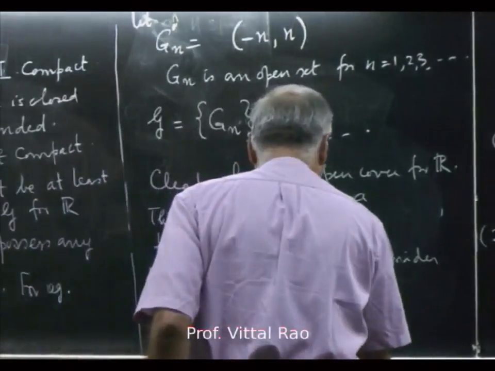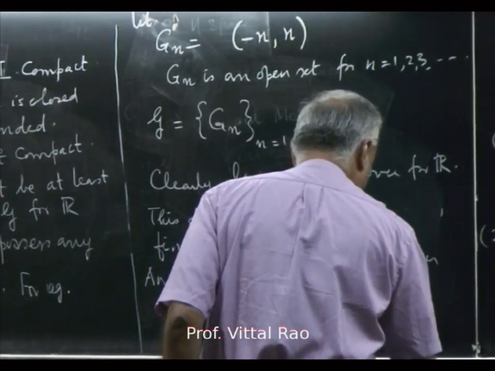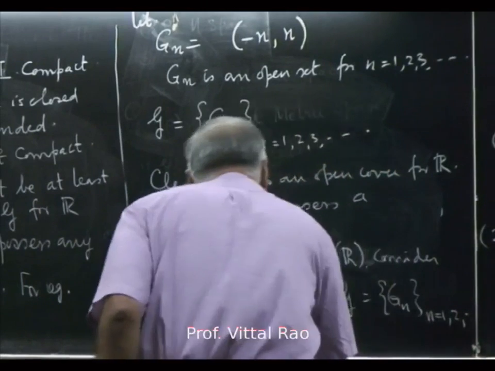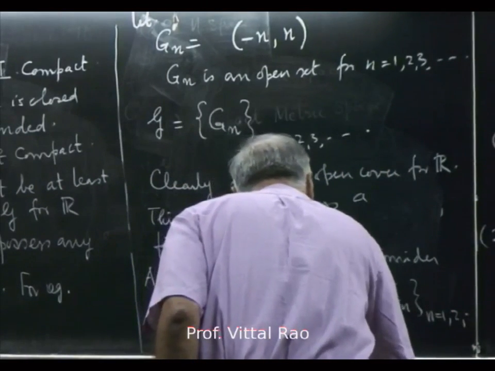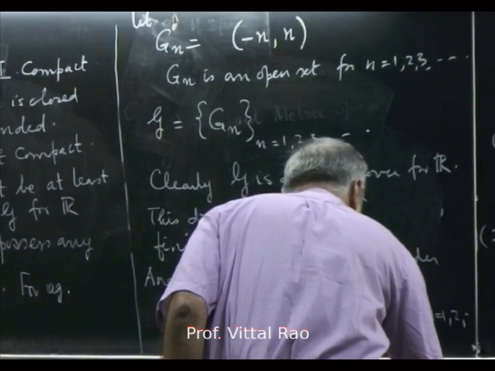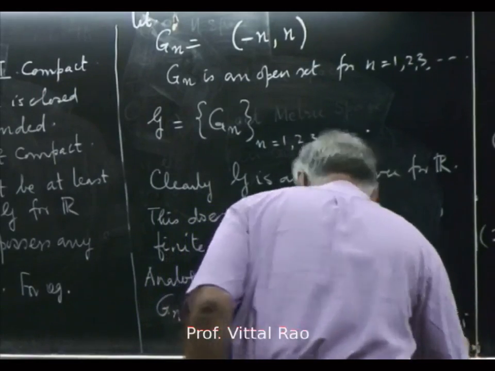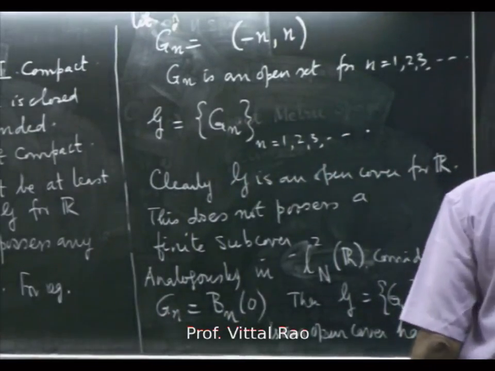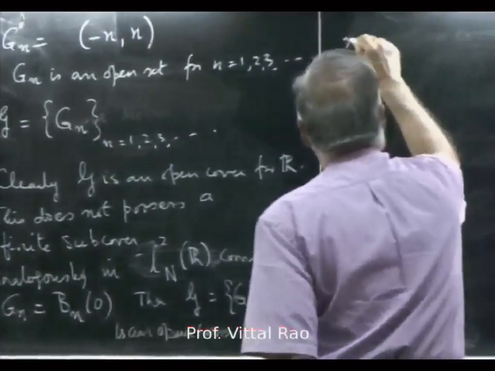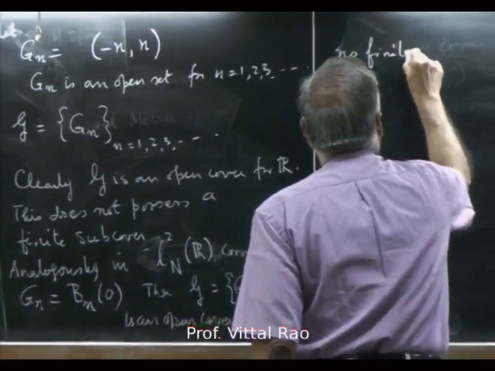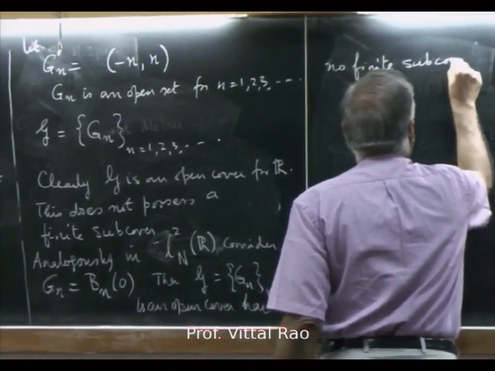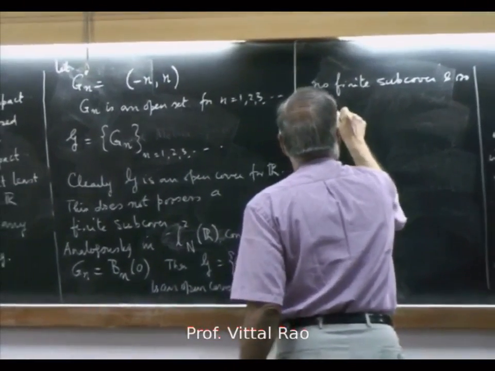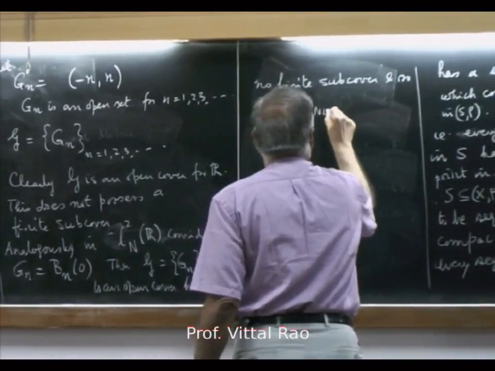Then G equal to the collection of Gn, n equal to 1, 2, etc., is an open cover having no finite subcover. And so L2 n R is not compact.